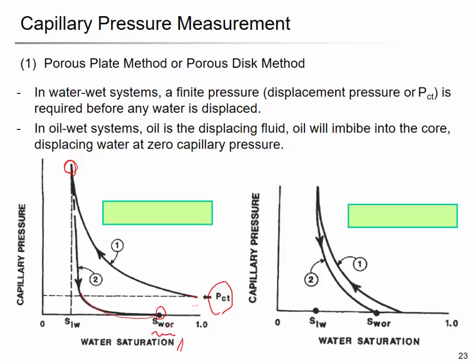This is for the residual oil saturation, actually 1 minus residual oil saturation, or residual air saturation if you use air. And this is the case for the water wet system.